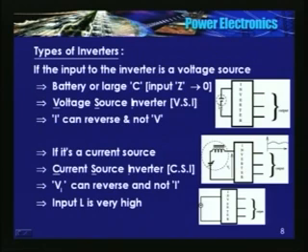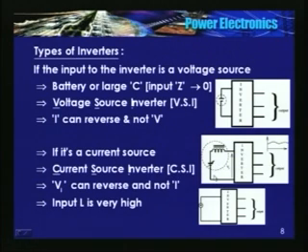I said the input is a voltage source. I can have a current source also. So I have a variable DC source here, and a large inductor is connected in series to the inverter. A voltage source in series with a large inductor can be represented by a current source. See, this we did in DC to DC conversion.